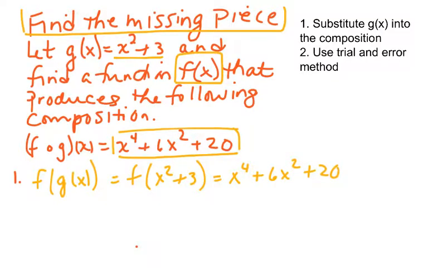So I want you to ask yourself a question. I'm going to ask you to question what possibly could produce the right hand side when x squared plus 3 is substituted for x.